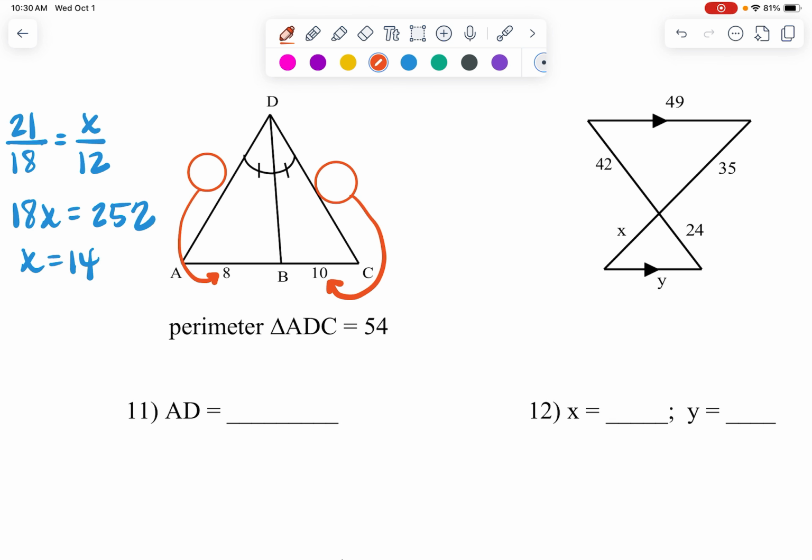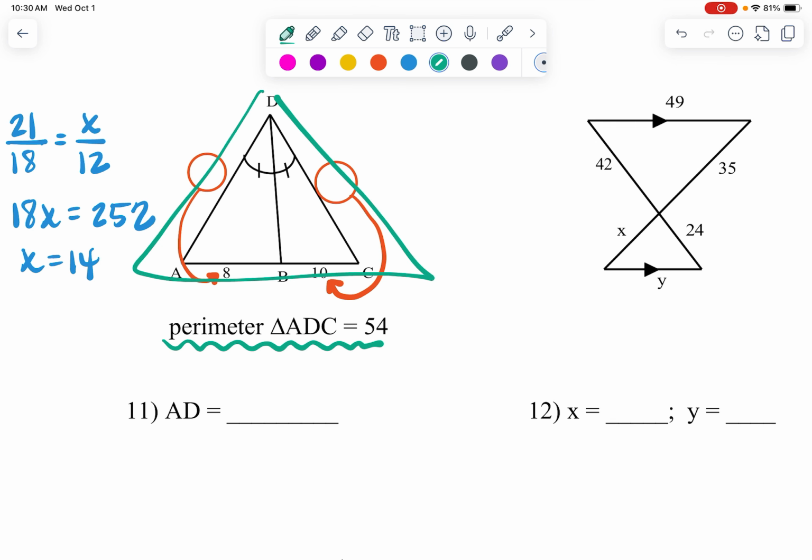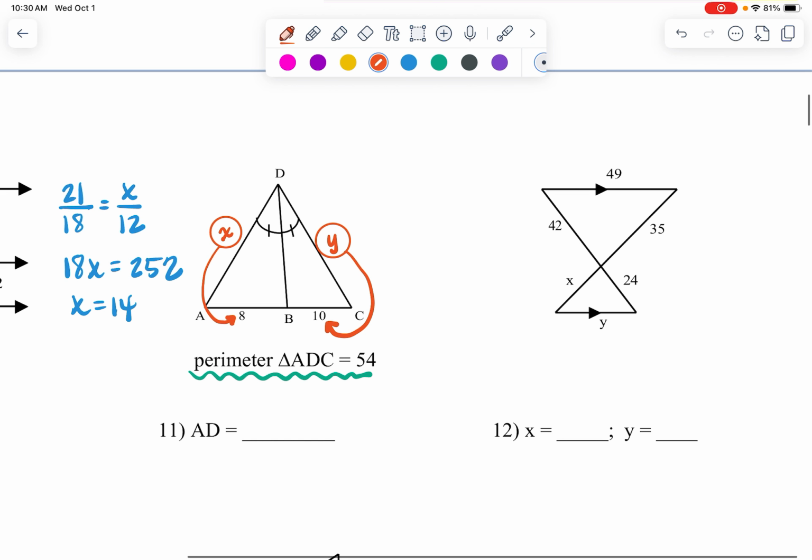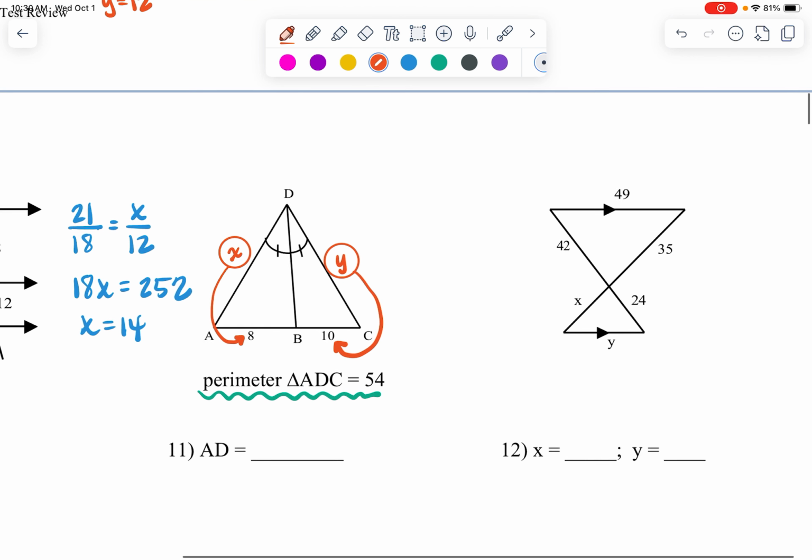However, they did not give us this side or this side. But they did also tell us that the perimeter is 54. So if I add up all the sides, I get 54. Well, they didn't give me enough information for that to help me either, which means I'm going to have one of them be x and one of them be y. I don't have any way around that. So this is going to be a systems problem.